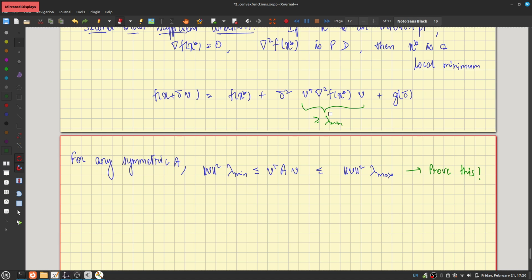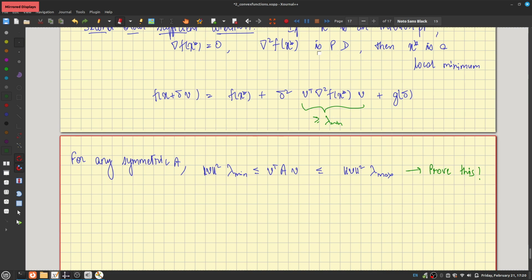It could also be a local maximum. For example, if you take f of x equal to x cube, what is the second derivative of x cube at x equal to 0? It's 0, right? But it's not a local minimum or a local maximum.